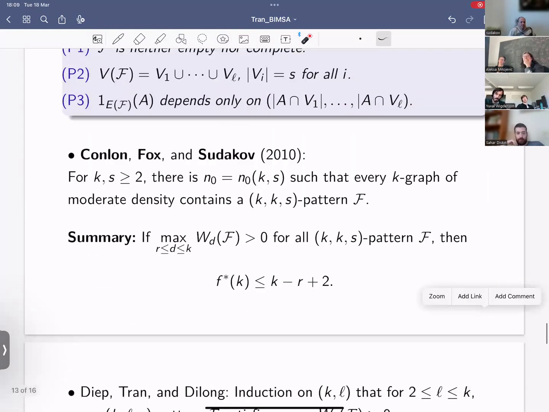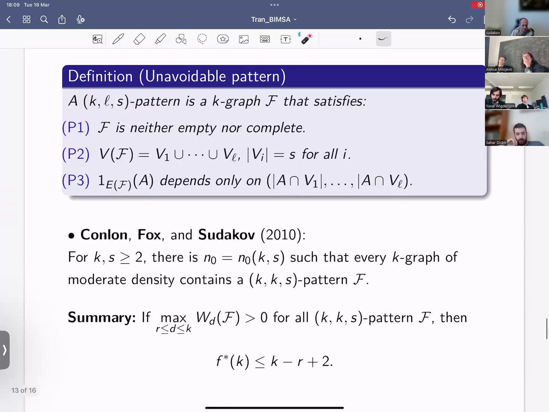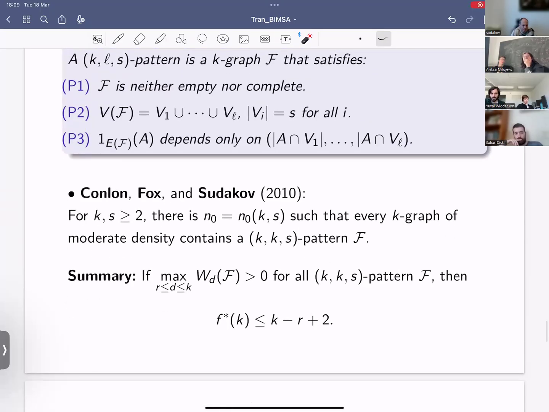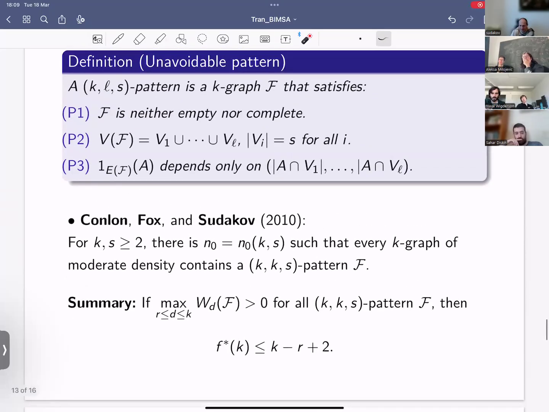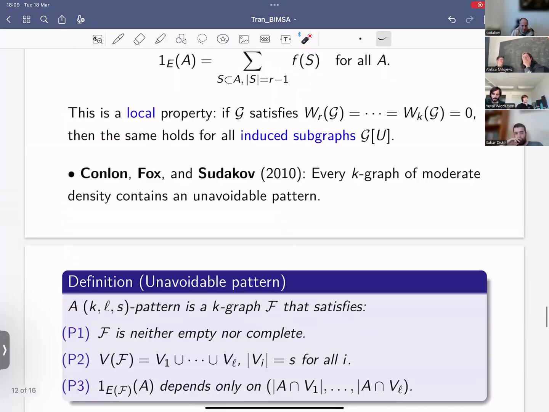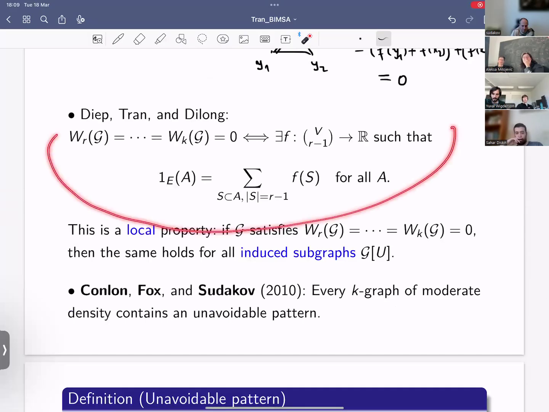Another part that needs a robust version is this unavoidable structure. Here we only need to get some stability version.